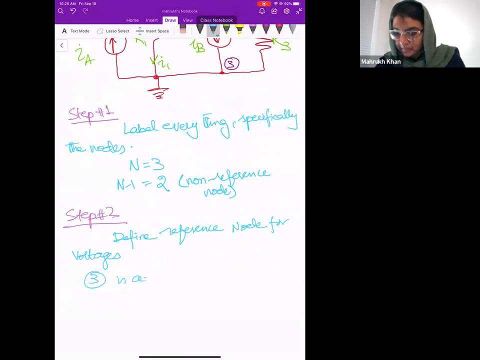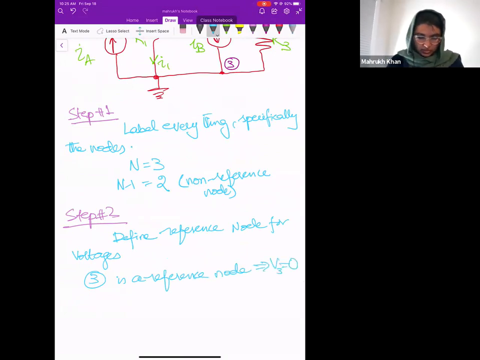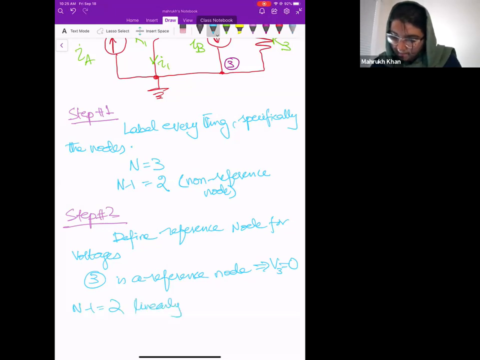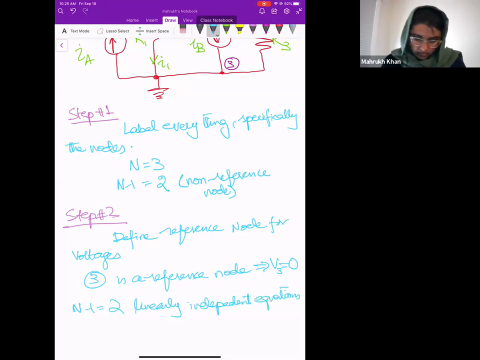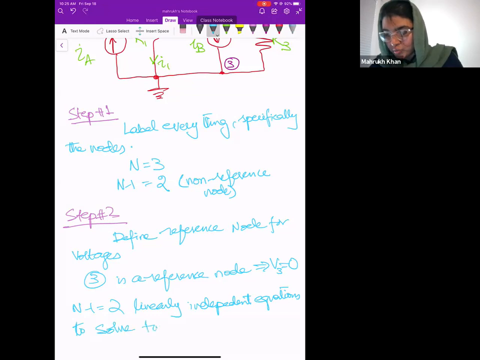That makes V3 equal to 0 because it's ground, and we need n minus 1, equal to 2, linearly independent equations to solve 2 unknown voltages.